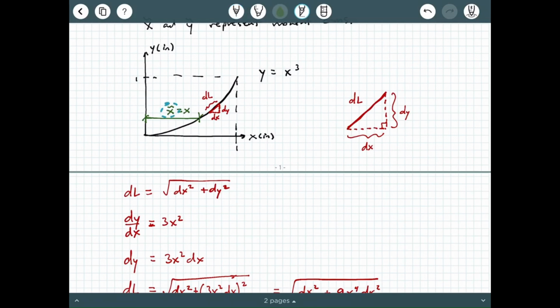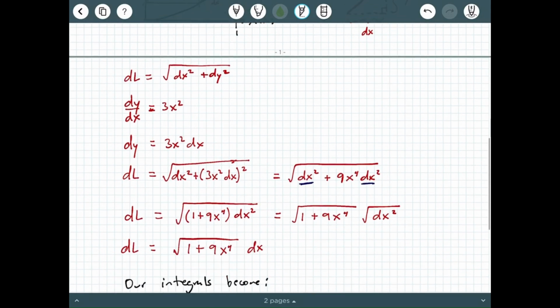Again, I want to emphasize x tilde is the symbol for a general moment arm, but for this particular piece of the problem, if it's always measured from the y-axis to a point on the curve, then x tilde is the x coordinate. It is an arbitrary x value, okay?